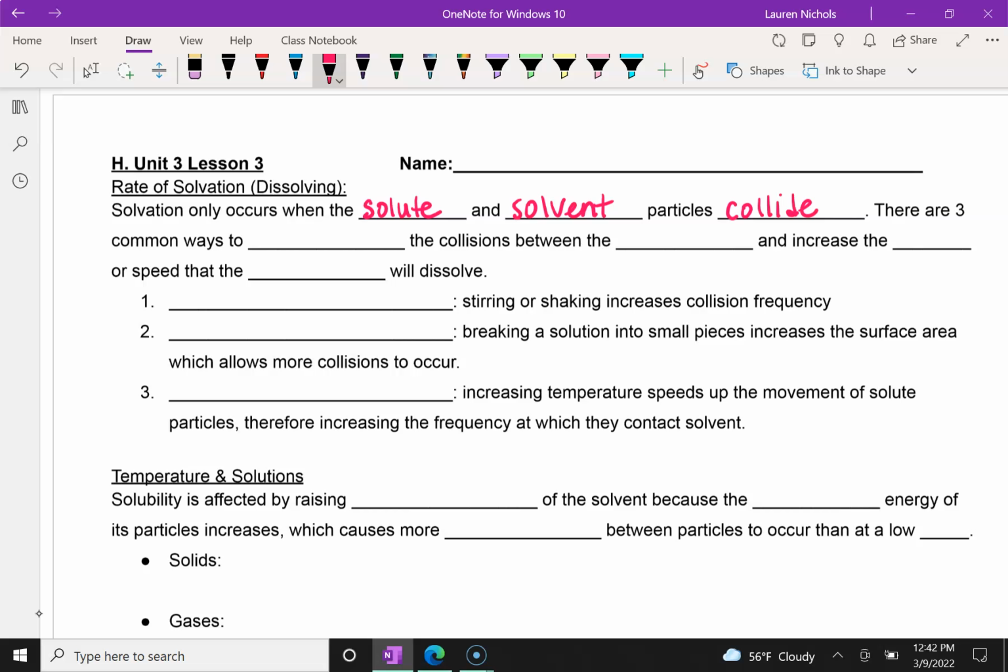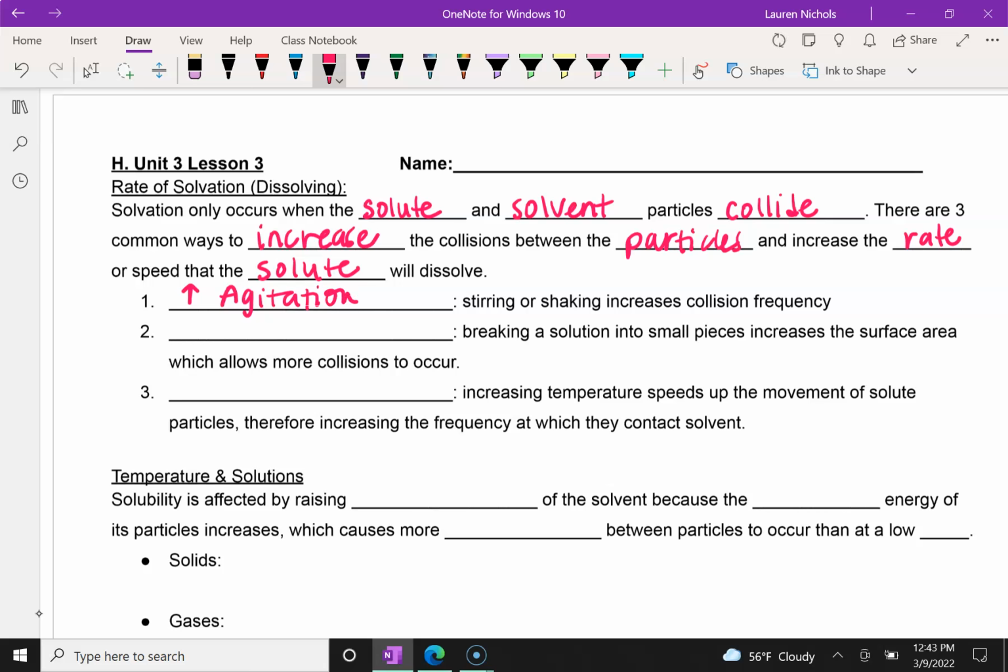And so there are three common ways to increase the number of collisions between those particles. And when you do that, it will increase the rate or speed that the solute will dissolve. So the first way that you can increase the number of collisions and increase the speed is by increasing the agitation.